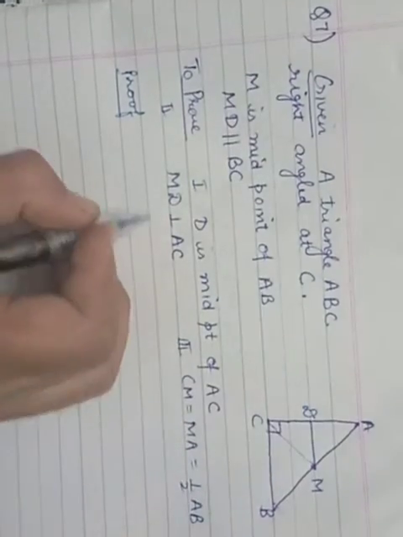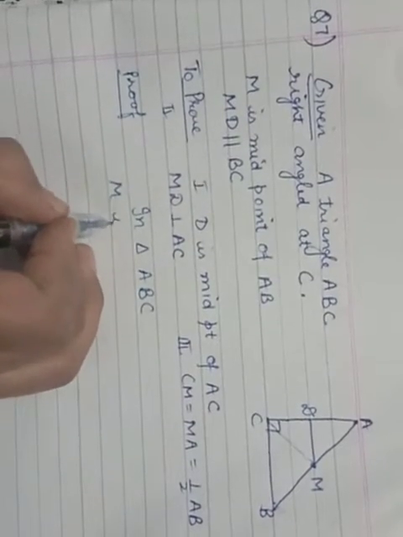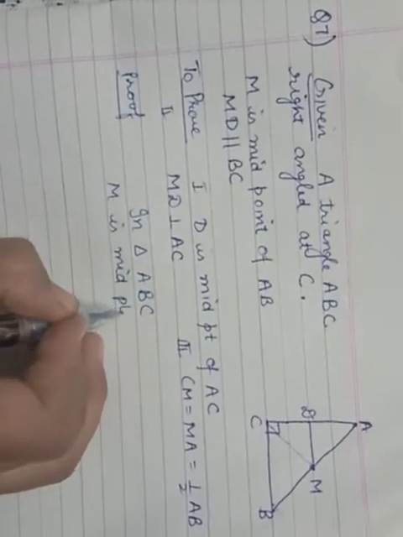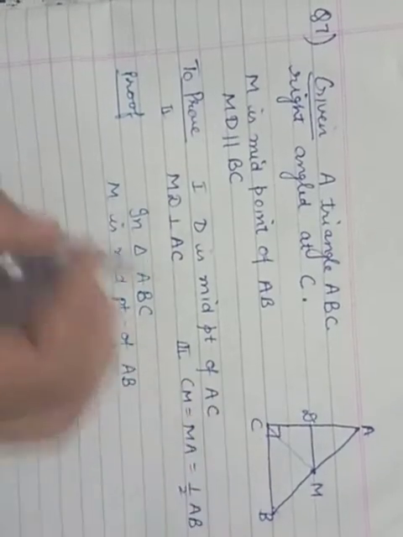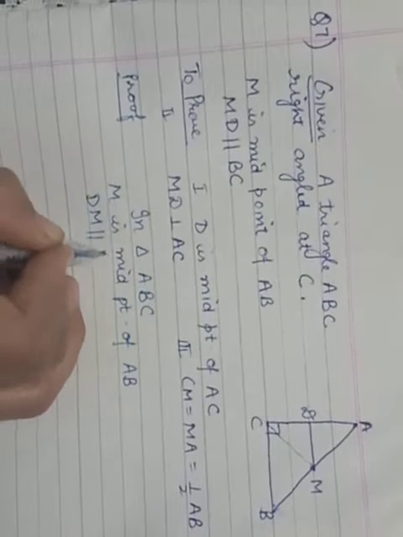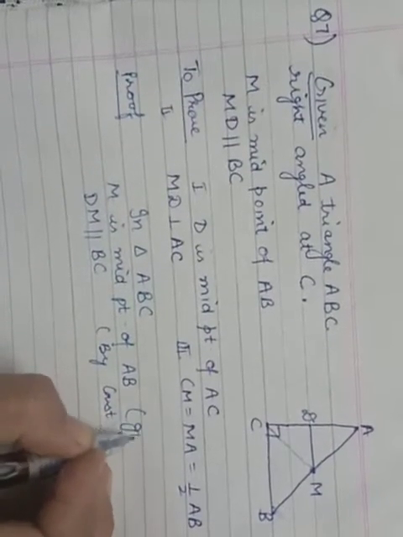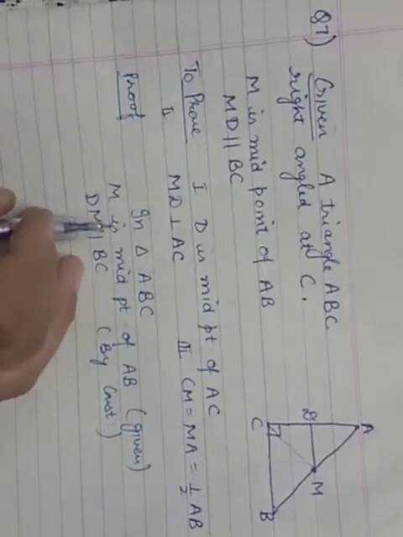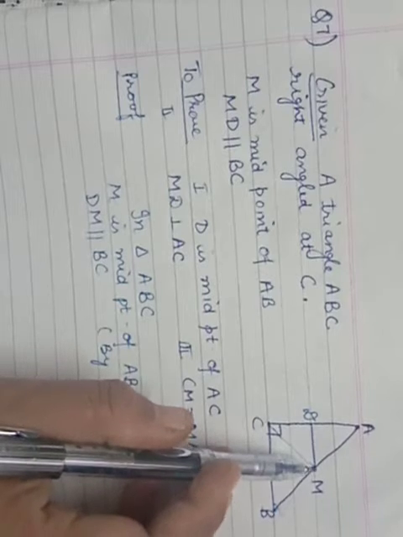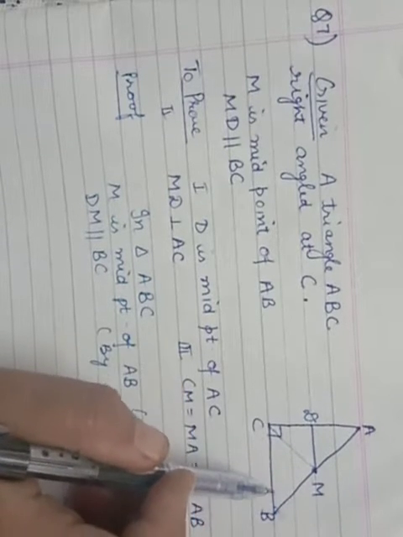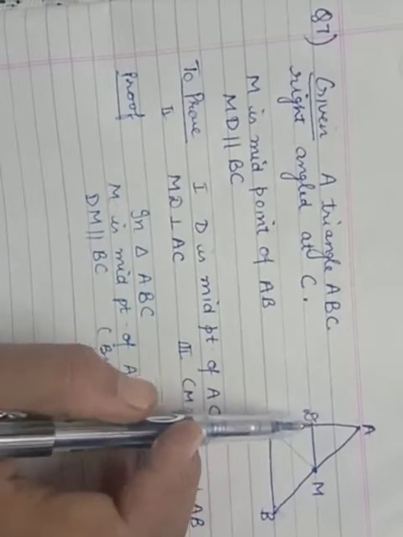Now, in triangle ABC, M is midpoint of AB. It is given. And it is also given that DM is parallel to BC. By construction, this is given. Now, by the midpoint theorem or the converse of midpoint theorem, this is the midpoint and this line is parallel to the second side, then by the converse of midpoint theorem, this line will bisect the third side.